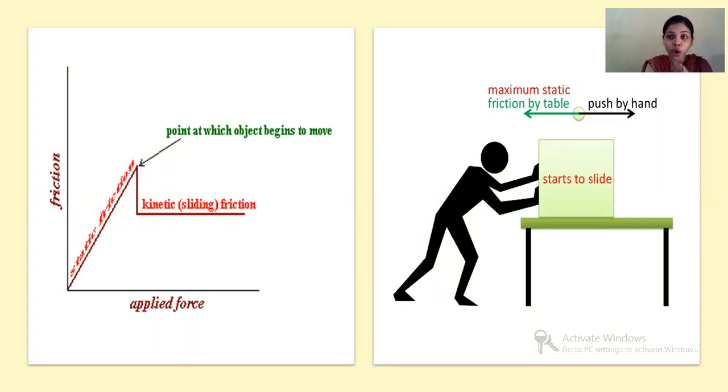But when the object is at rest and you want to give motion to that rest object, it is difficult. You require a larger force to give it motion. But if an object is already in motion, then it is easy to move it, right? So that's why the sliding friction is smaller than the static friction.